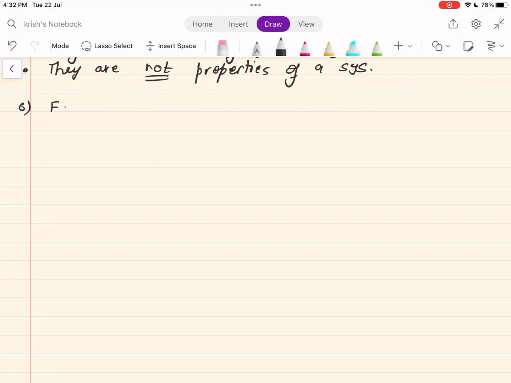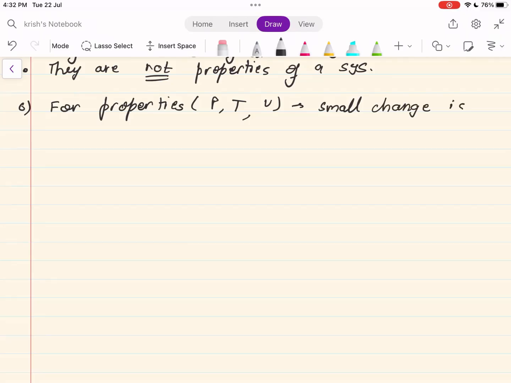Next. So we know that for properties like pressure, temperature, volume, small change is represented by dT or dV or dP. Also known as exact differential.